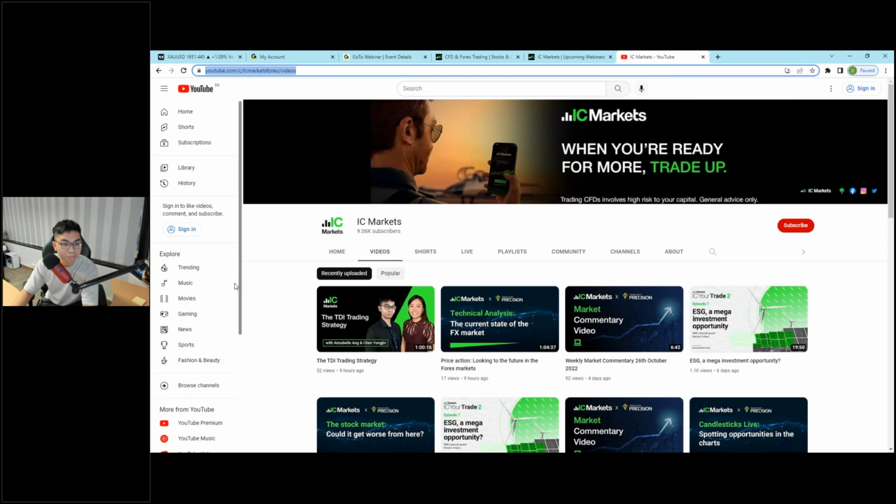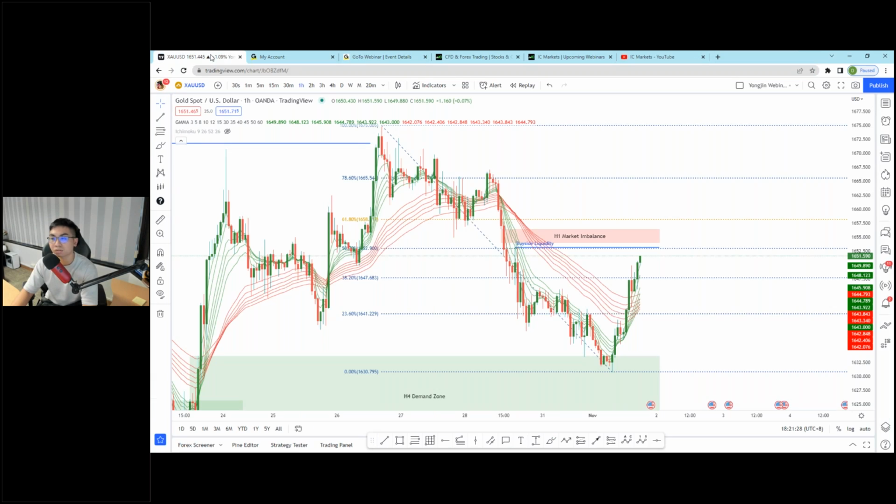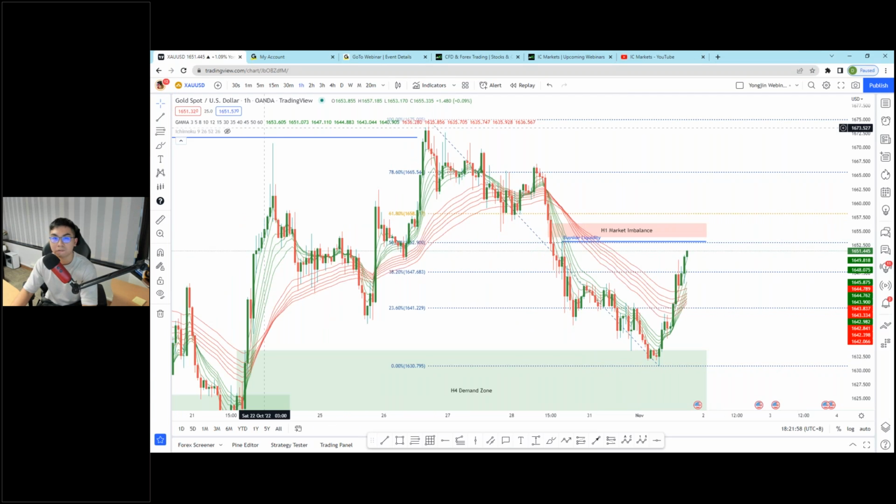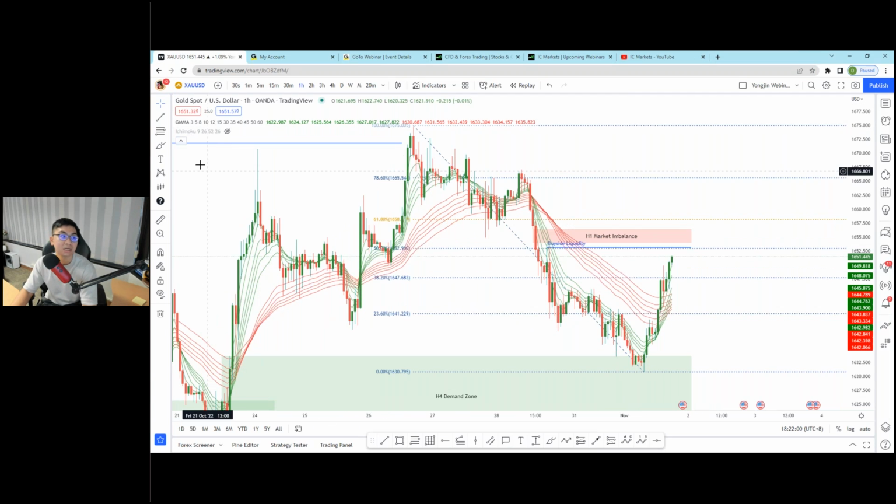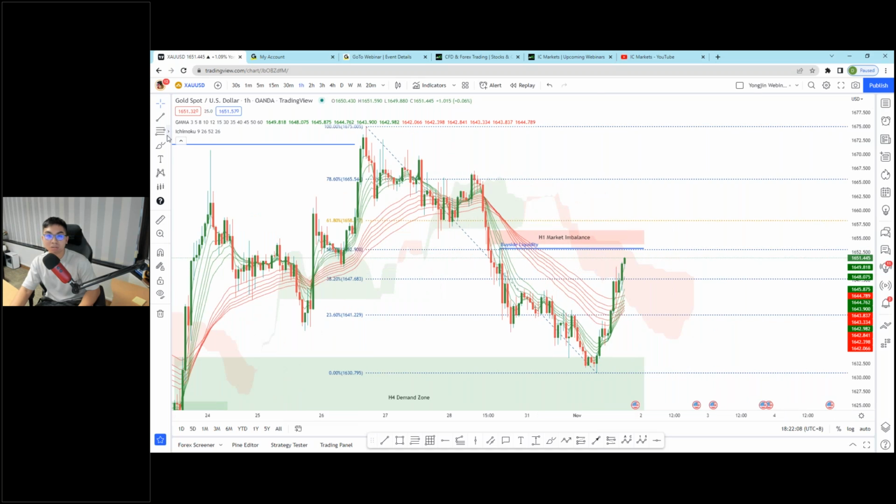Okay, USD JPY briefly, please. Sure. So just for the last finishing touch on gold, turning on the Ichimoku cloud, price is inside the Ichimoku cloud. So I'll be waiting for price to maybe still be inside.